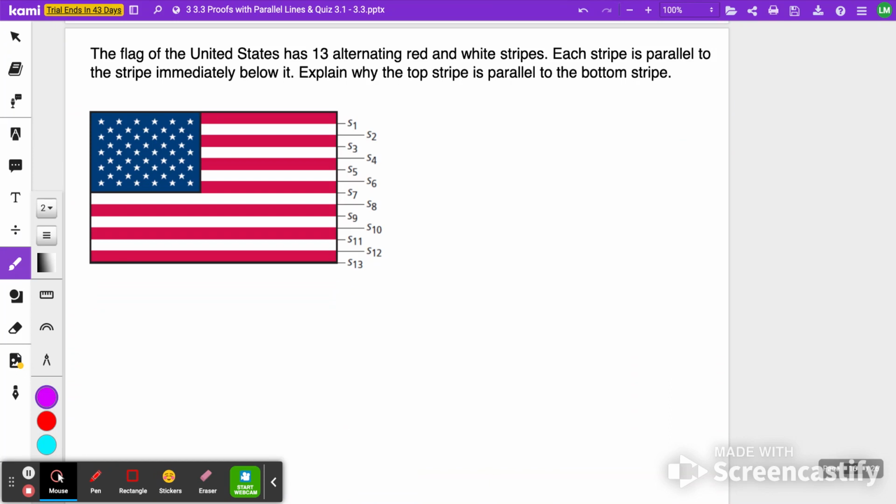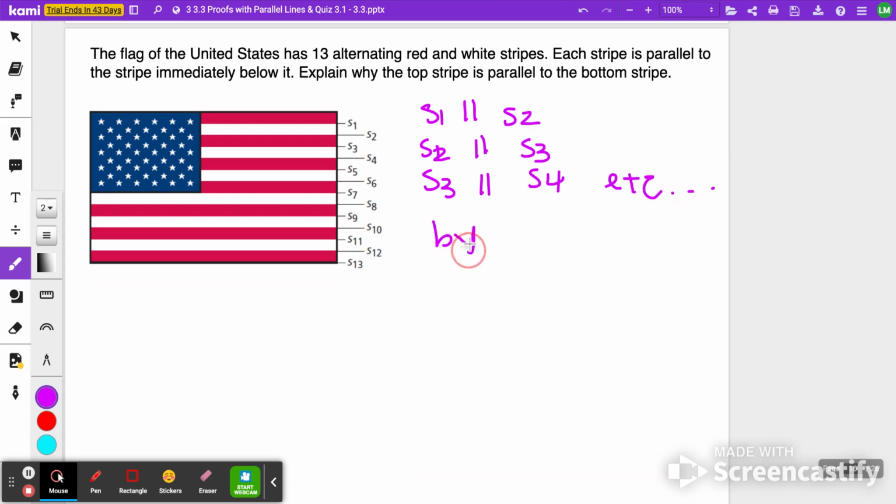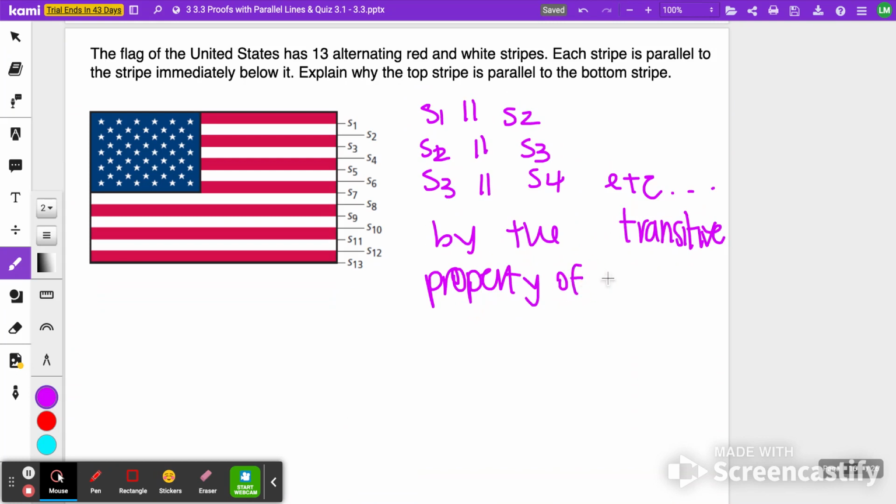Well, you just gotta kind of go down the list. Stripe 1 is parallel to stripe 2. Stripe 2 is parallel to stripe 3. Stripe 3 is parallel to stripe 4, etc. So we can just keep going down this list of ideas by the theorem we just talked about, the transitive property of parallel lines.